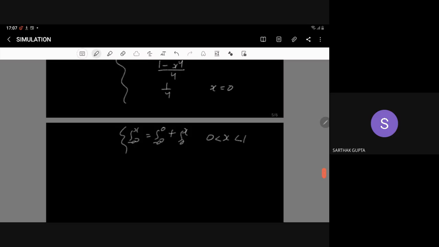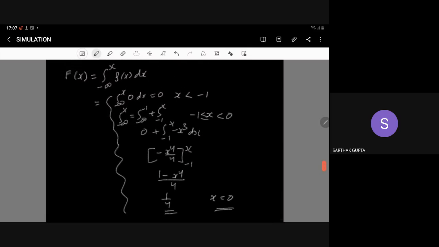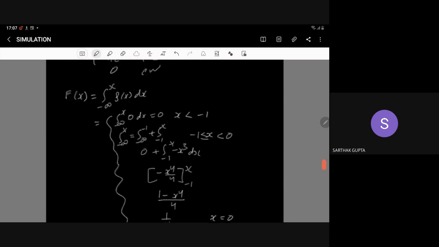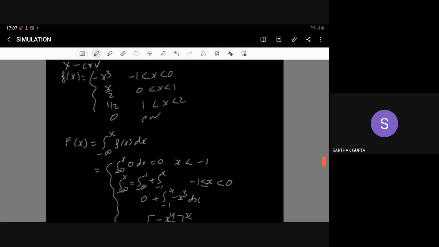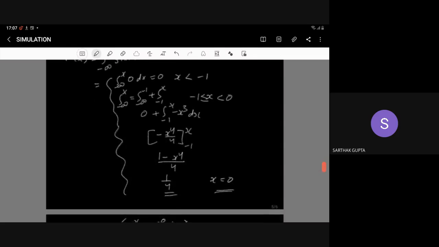We just computed that from minus infinity to 0 the value is 1 by 4. Generally in exams, students forget to add this, so you have to add the value up to 0. So 1 by 4 plus the integral from 0 to x, and for this interval the integrand is x by 2.